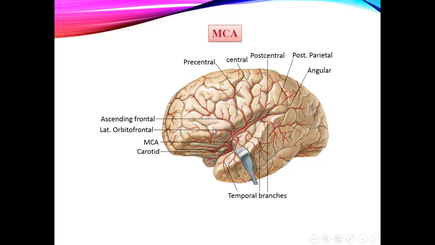As you know, we've got the motor speech area or Broca's area on the frontal lobe, and the sensory speech area or Wernicke's area on the temporal lobe, and both of them are supplied by the branches of the middle cerebral artery, and occlusion of this artery may result in aphasia. Aphasia means inability in speech.